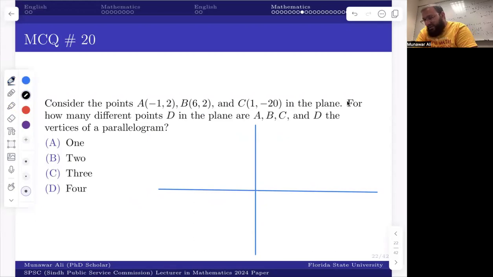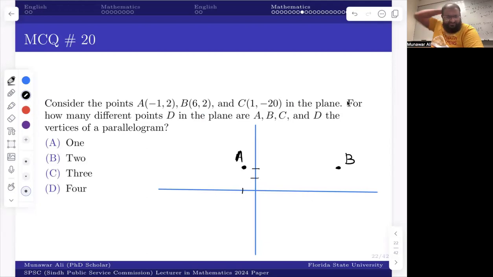Okay, there's a point A at -1, 2. So you know very well, this is, let's say, -1, this is 2. It's going to be here. This is A at -1, 2. And B is 6, 2. It's going to be somehow here. C is 1, -1. X is 1, Y is -1.